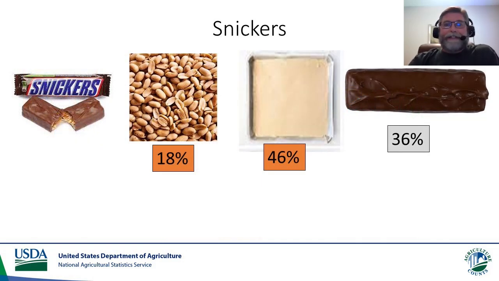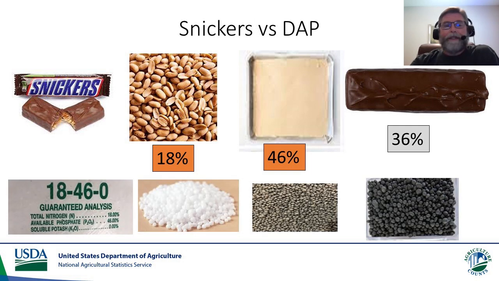To keep this simple, we're going to say that this Snickers bar is made up of three things: peanuts, nougat, and chocolate. We'll say a bar is made up of 18% peanuts, 46% nougat, and 36% chocolate. Let's compare DAP 18-46-0 fertilizer to the Snickers bar.